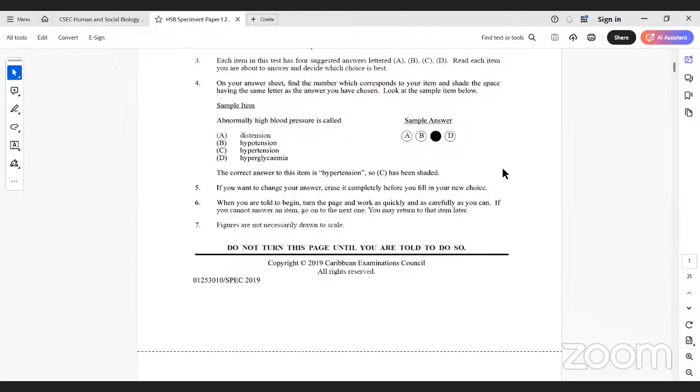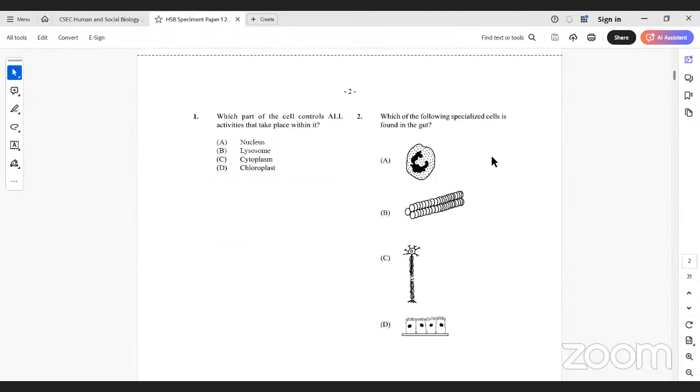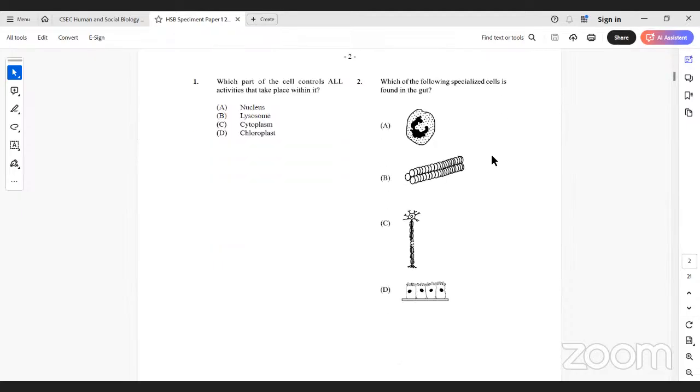There's no reason to ever leave one blank. You may leave some out with the intention of coming back to them, but if you run out of time, just shade. Never leave it blank. So let's look at these first few questions.